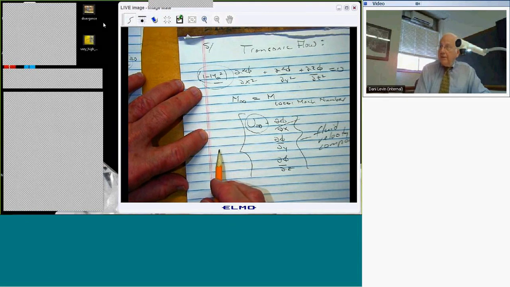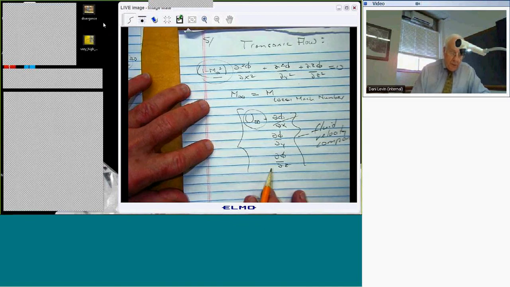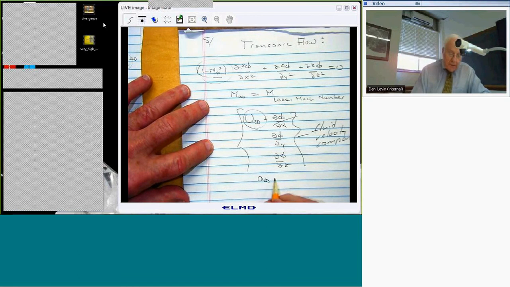We're also neglecting the fact that A infinity, the speed of sound, also has a perturbation component.